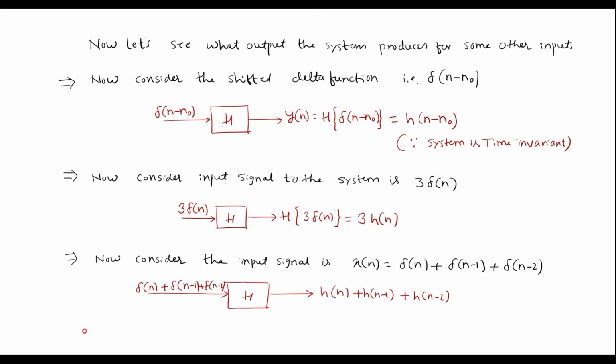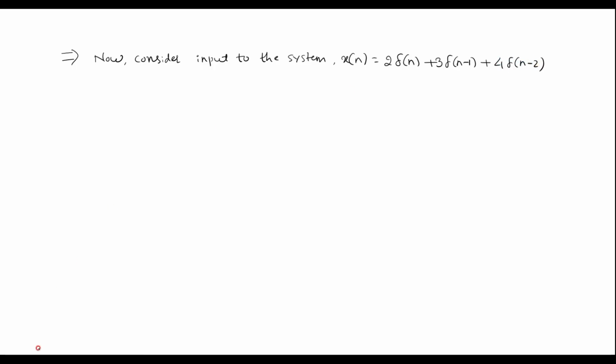Similarly, now we'll consider another case. Consider the input to the system, say x of n is equal to 2 delta of n plus 3 delta of n minus 1 plus 4 delta of n minus 2.